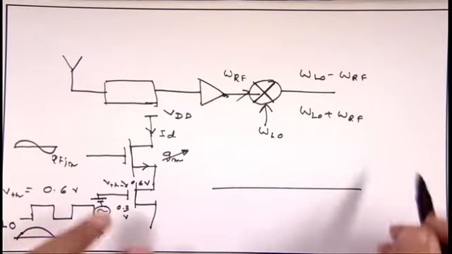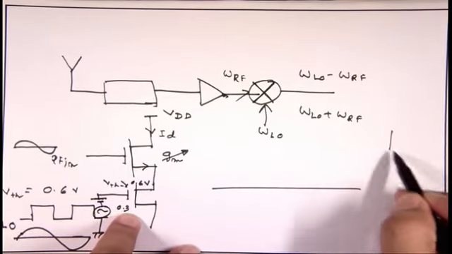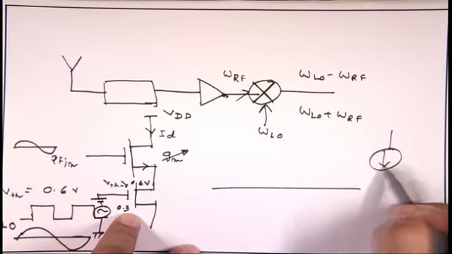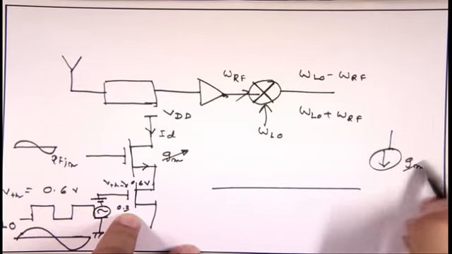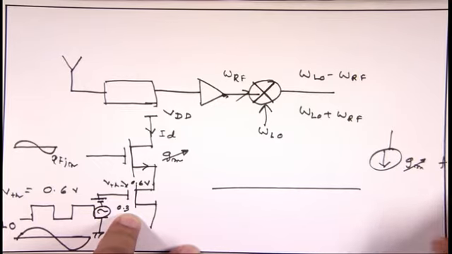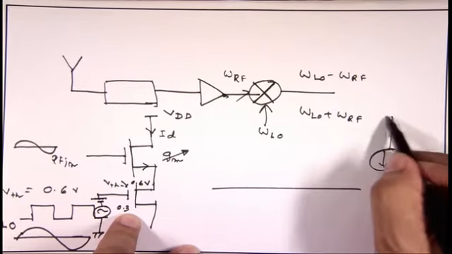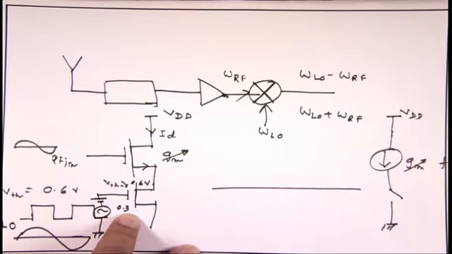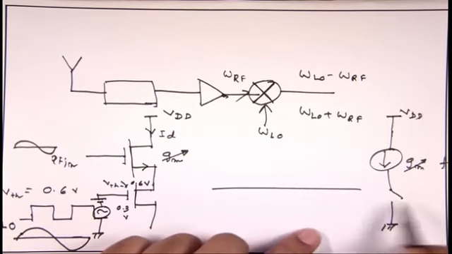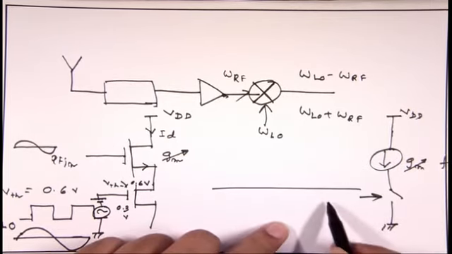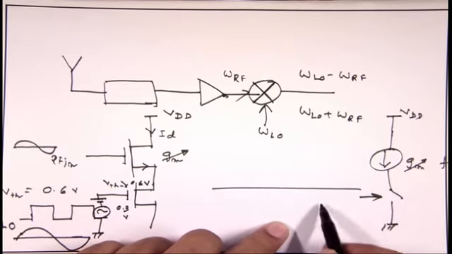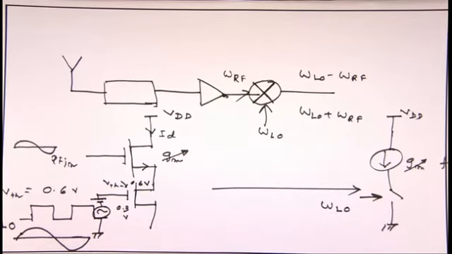So, what we have done is that you have a modulating current which is a function of the frequency omega RF, and also a switch to the ground, and this is the VDD, where the switching is done with the frequency omega LO. Clear?